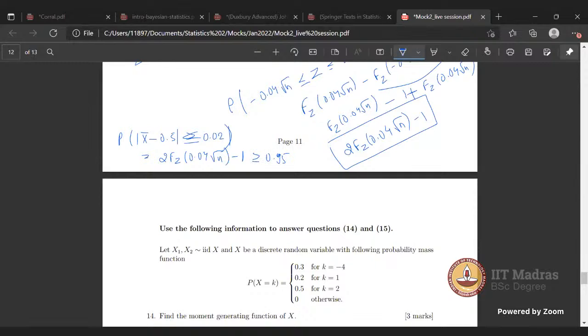So once you solve it, you can get the value of n. You will see that the value of n is very small as compared to what you had found in the previous problem.